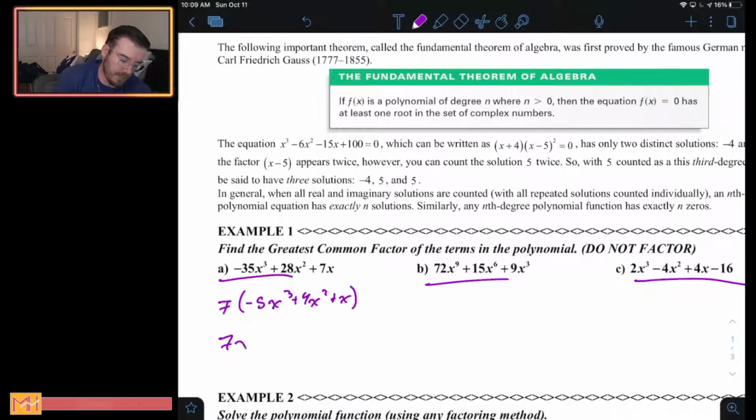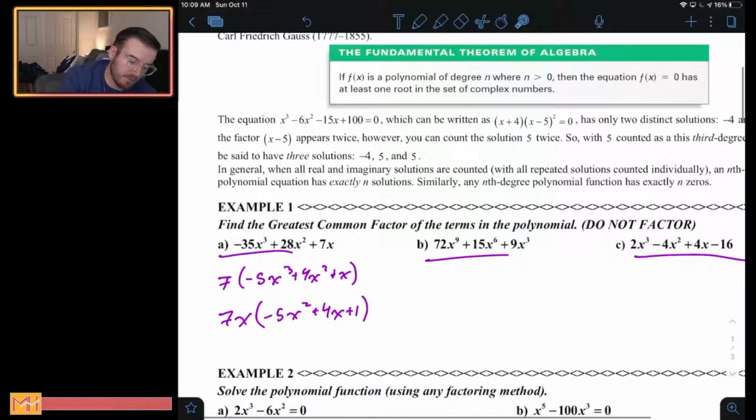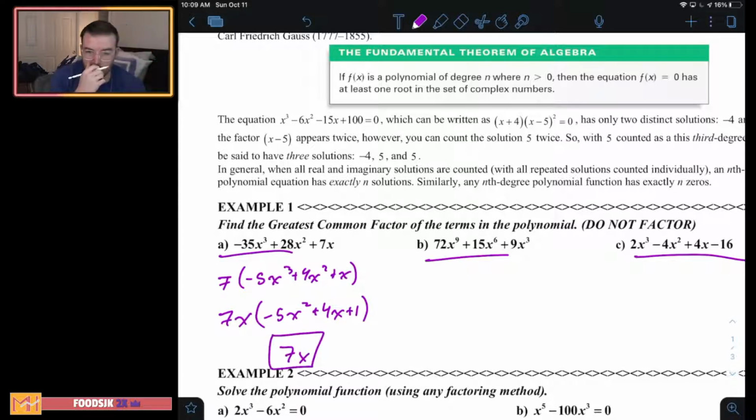So 7x can be factored out, and we're left with negative 5x squared plus 4x plus 1. You see, when we factored out the x, these all lost 1, because we factored it out. So the GCF is 7x. That is the GCF of that expression.